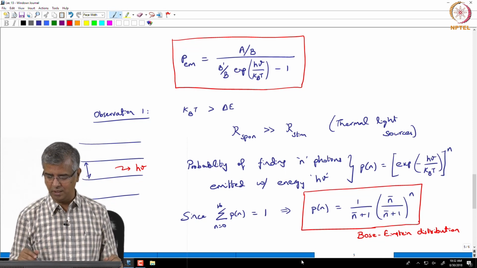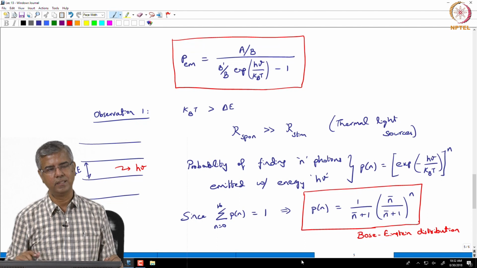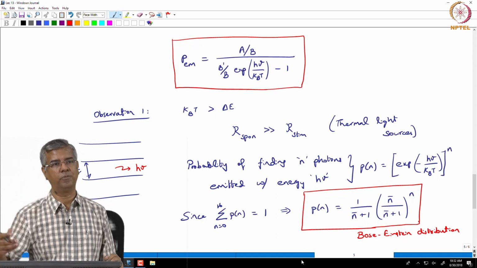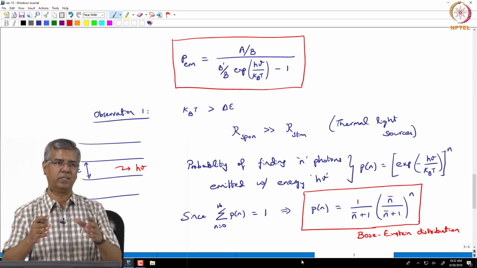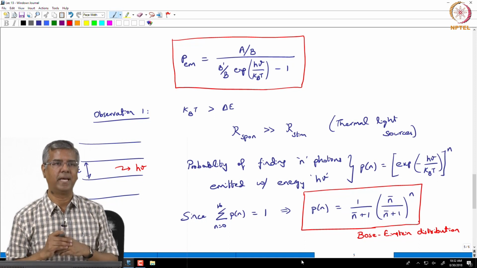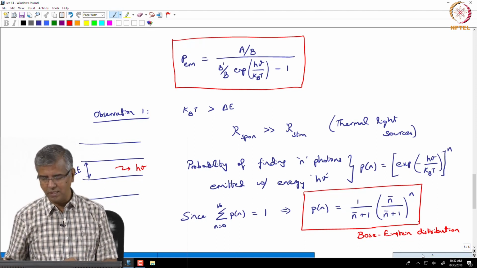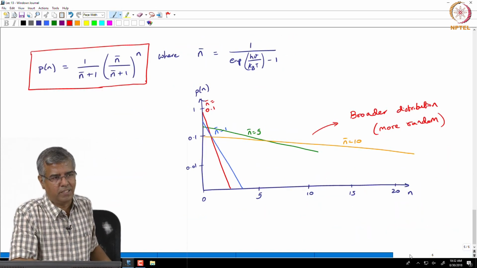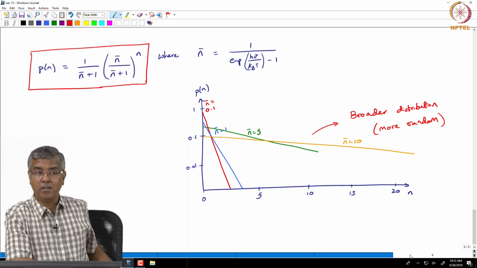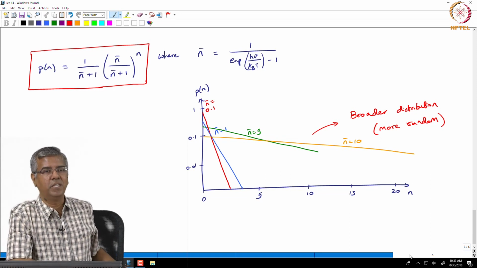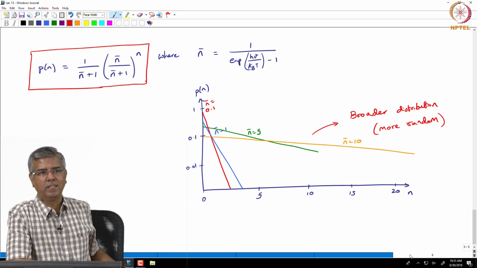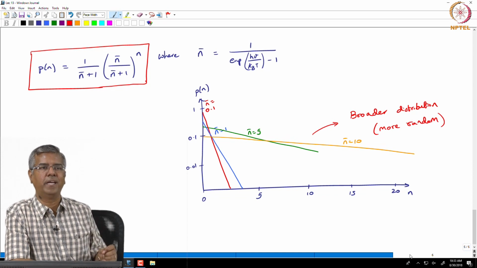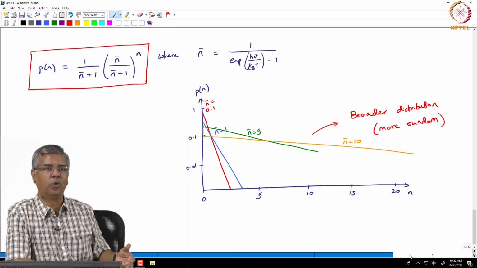And the key thing is that we are looking at the number of photons that are emitted simultaneously or within a very small time scale. So the question is, are we implying that most of the time there is nothing emitted? That is not what we are saying. I mean, there is emission happening clearly, but the probability that within a particular time slot you find 0 photons emitted is more.